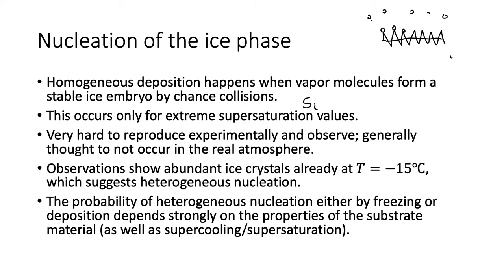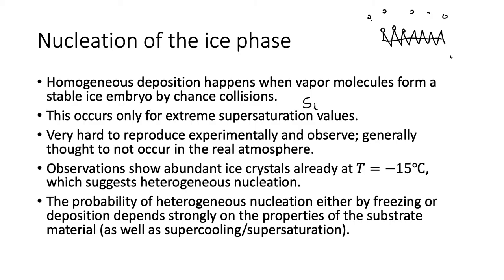Okay, supersaturation with respect to ice. This mode of ice crystal production, of ice production, can be formed in a lab, but it's kind of hard to find in the real atmosphere.